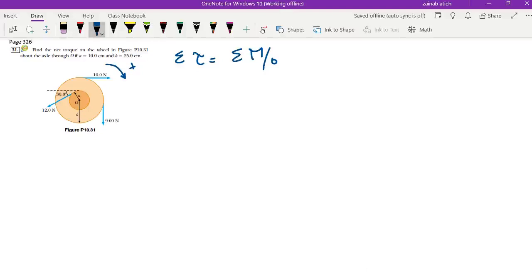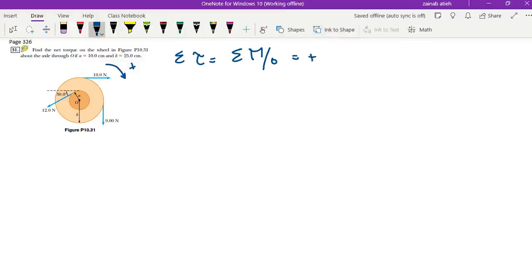So remember, when we calculate the moment of a force, we search for 3 things: sign, distance, force and angle. First we start with the 10 Newton force. If I put a nail at O and pull with the force 10, I notice that the force of 10 pulls with the positive sense. So I add a plus.